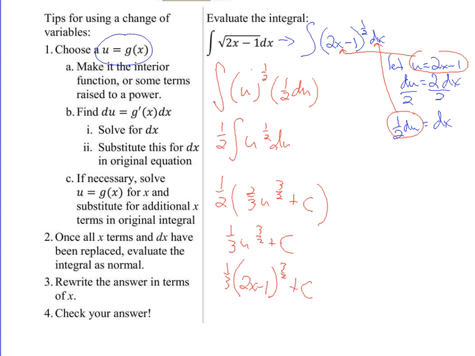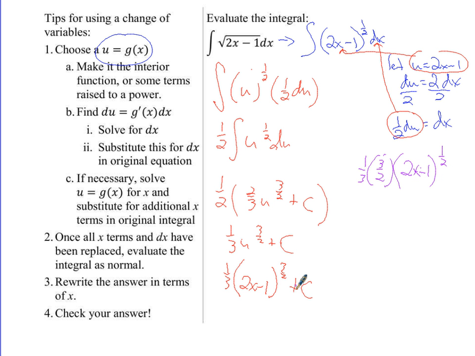Are we done? Yeah, you need to check. So we want to take the derivative of this. To do the derivative, we need to use the general power rule. So the 1/3 is still there. The 3/2 comes down, times what's inside, which is 2x minus 1. The exponent decreases by 1.